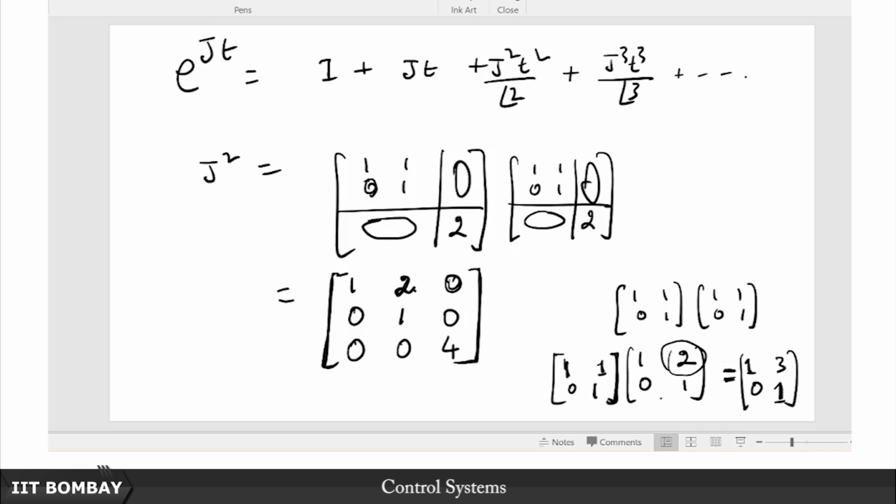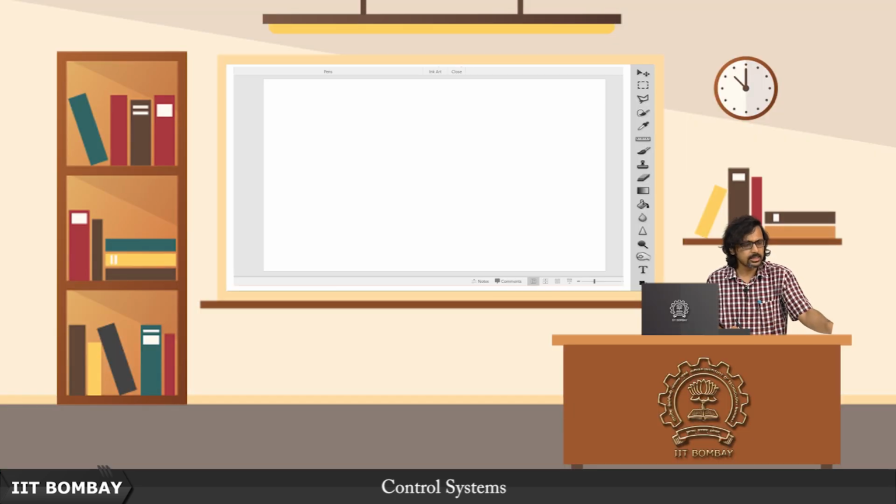So this is actually not at all surprising. If you had a bigger Jordan block, if you take the exponential of this Jordan block, what you will eventually get, for example, let me take the 3 by 3 block and I leave it to you as an exercise to convince yourself.